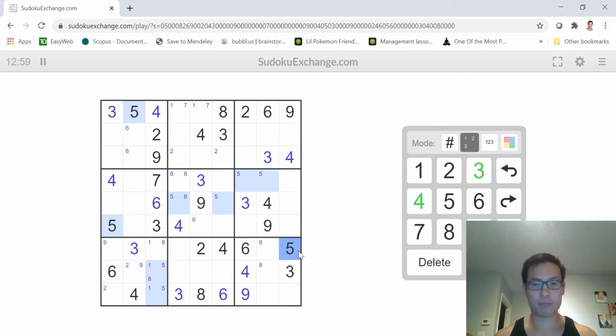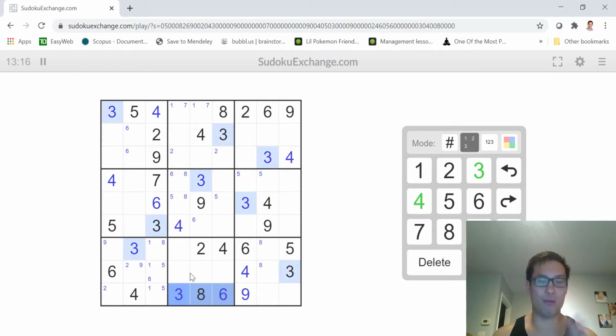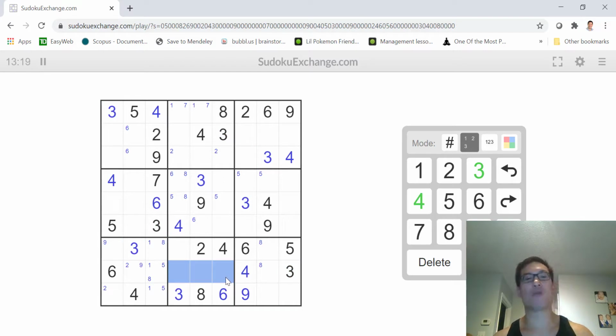Here's my logic. This 5 looks into the center 3x3, bottom center, and blocks this cell out. That tells me that 5 can only go in one of these 3 spaces, because of these 3 beautiful numbers. Thank you guys for taking up your actual homes.